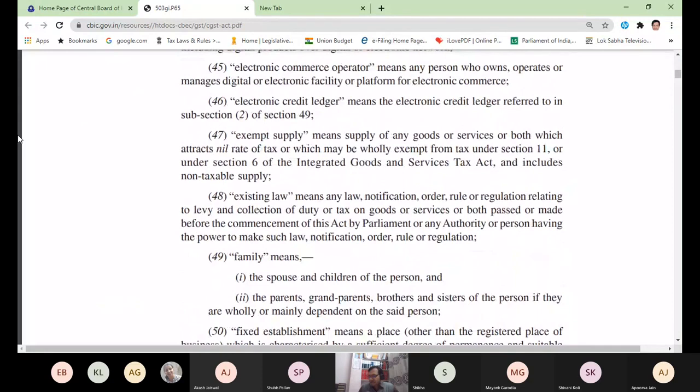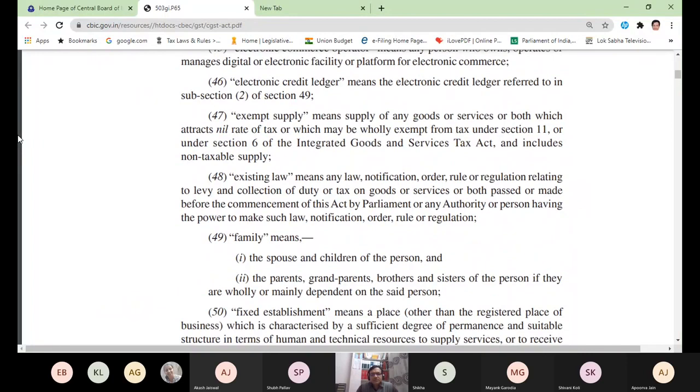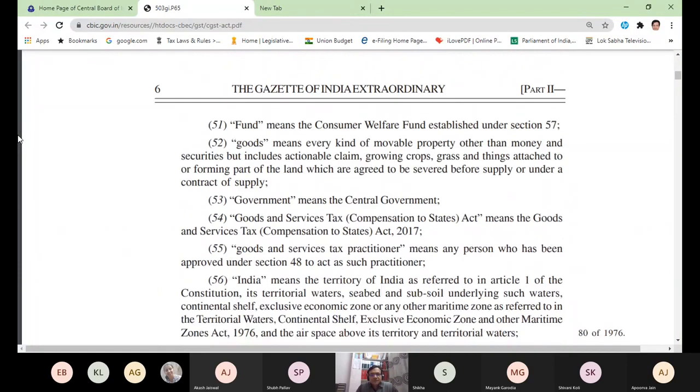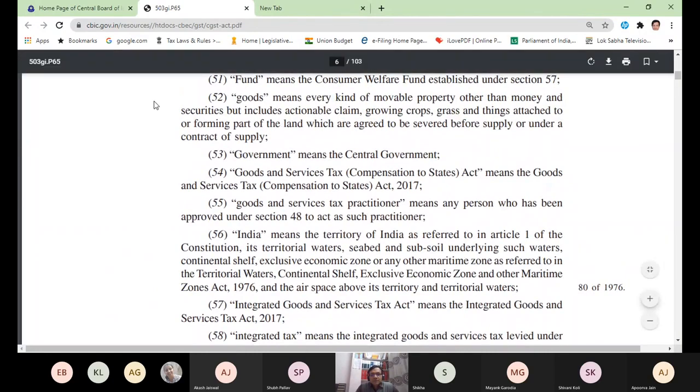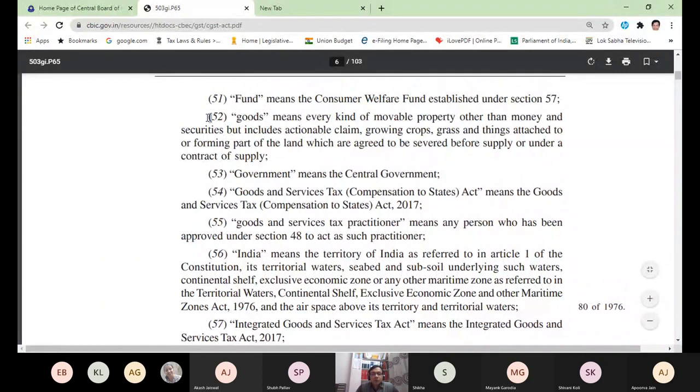Exempt supplies, section 2 clause 47. These are all used in all the chapters, all the topics. We cannot afford to miss these definitions. And let me show you one more definition, section 2 clause 52, goods.